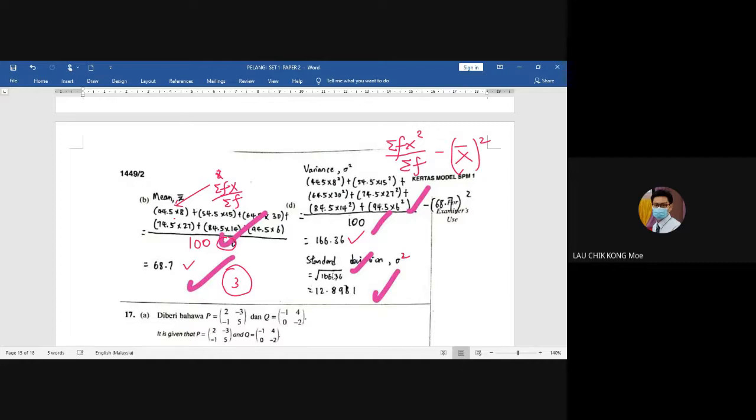So the square root of 166.36, the answer is 12.8981. Yes, correct. So this student gets full marks for this part, 15 out of 15. Too easy. I think the actual exam will not be like this; part C has some difficulty. But as practice, this question is okay.